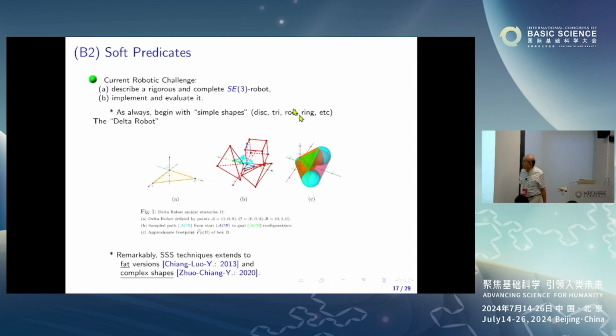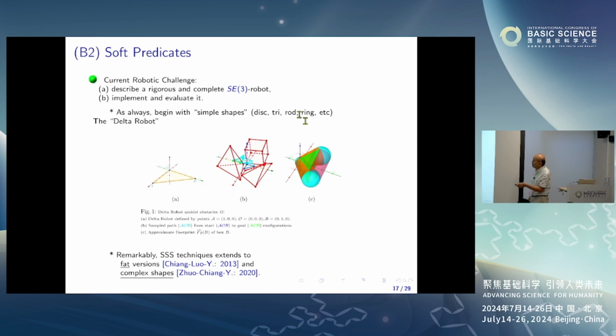And there are geometric challenges to do it for various kinds of robots. We did a 4th degree link robot, very interesting topology. But the current challenge is what we call the SE3 robot, which is a 6 degree of freedom robot. And as usual, in theory, we always try to design robots in the simplest shapes, like a disc, a triangle, a rod, a ring, and so on.